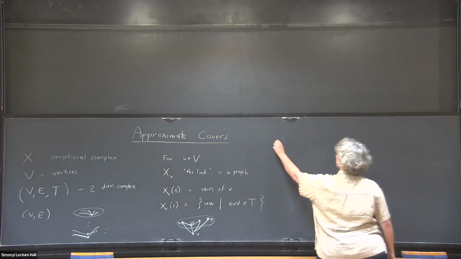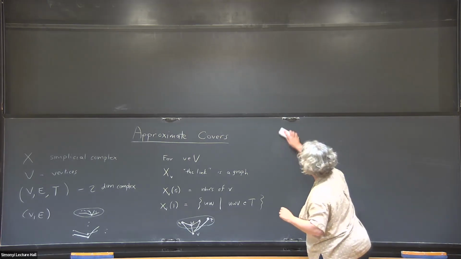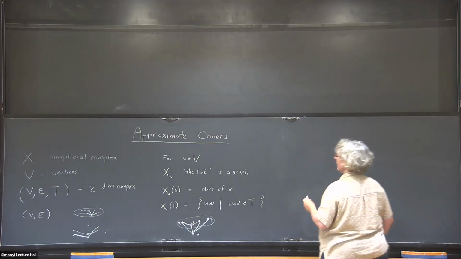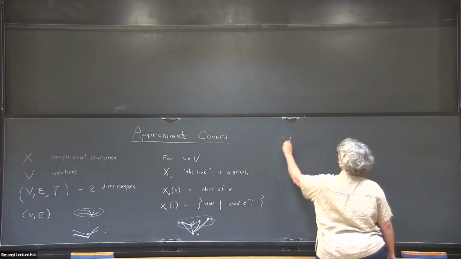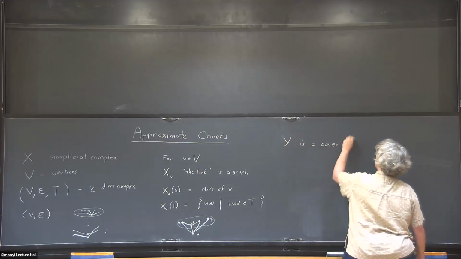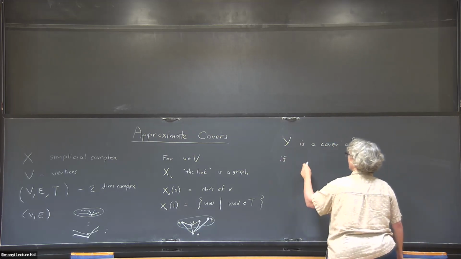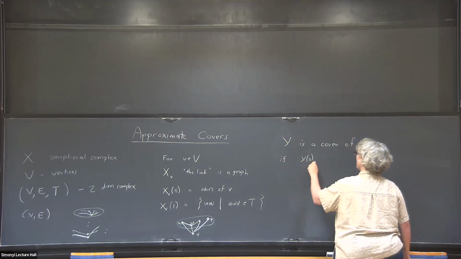So a map from, okay, let me not write it as the map yet. Let me just say Y is a cover of X if Y0, Y1.